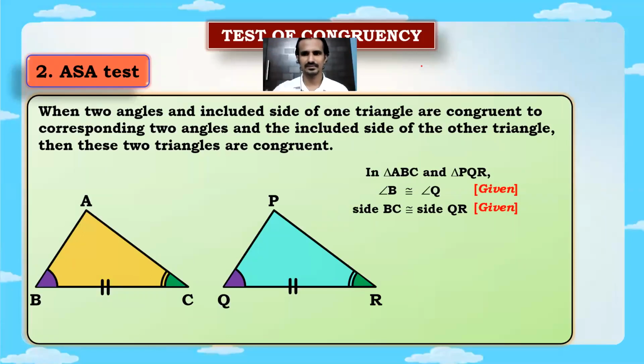And angle ACB is congruent to angle PRQ, which is also given. Therefore, triangle ABC and triangle PQR are congruent with ASA test. ASA test. Okay, very good, Nishant. Excellent. Okay, you can mute yourself.